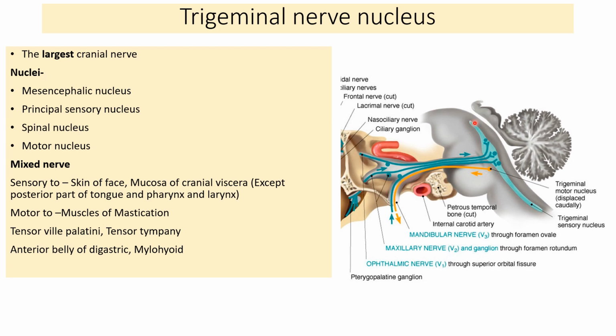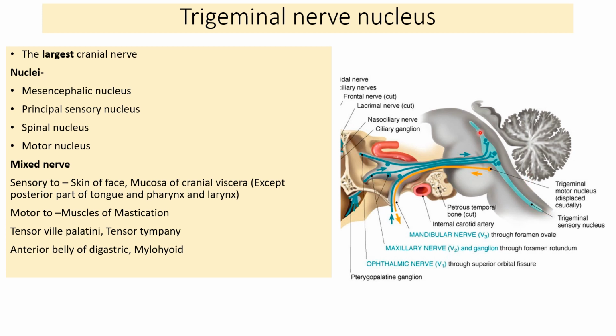The trigeminal nerve originates from three sensory nuclei which are placed in the brainstem. From above downwards, they are the mesencephalic nucleus, which is present in the midbrain; the main sensory nucleus, or the principal sensory nucleus, which is present in the pons; and the spinal nucleus of trigeminal in the medulla, and part of the spinal cord also. So those are the sensory nuclei.